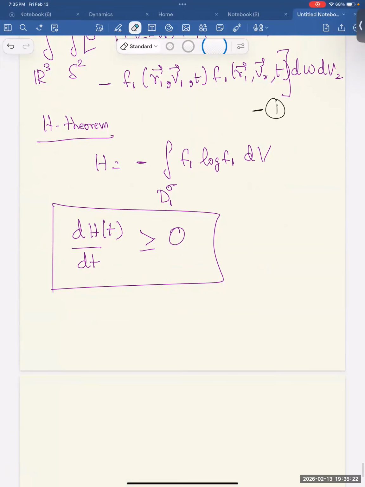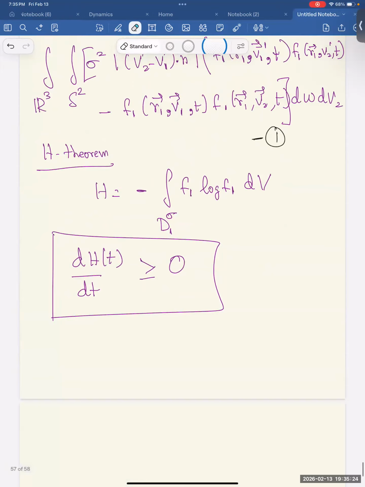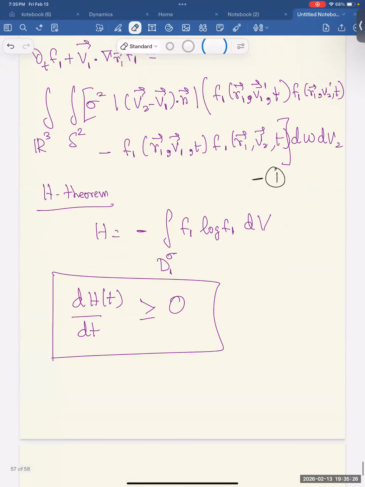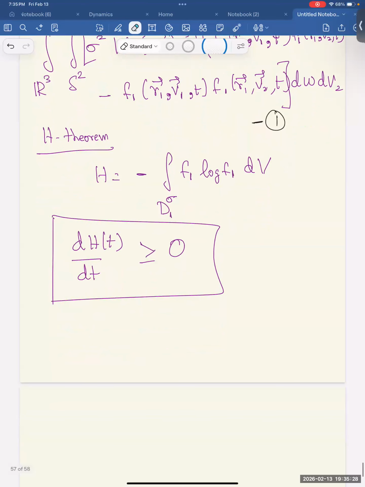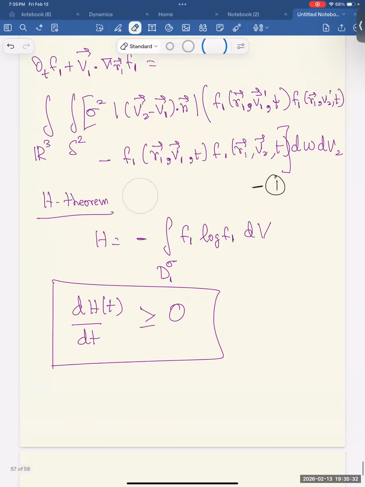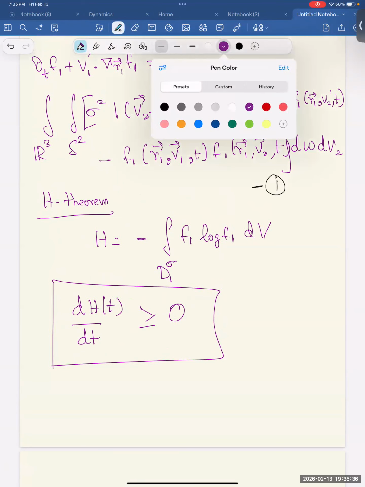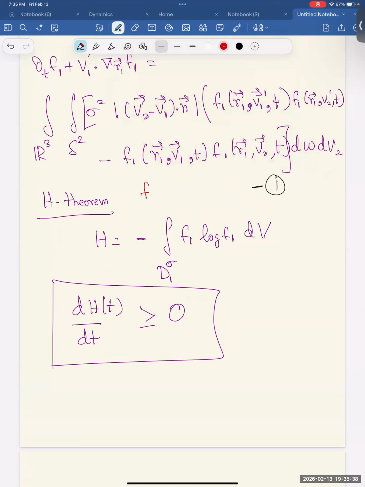I want to call the solution of the Boltzmann equation not F1 anymore, but F1b, just to be precise.